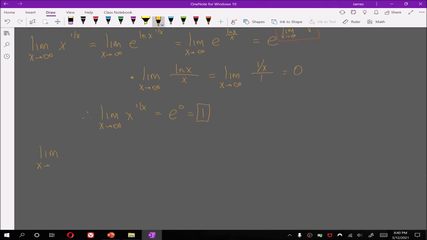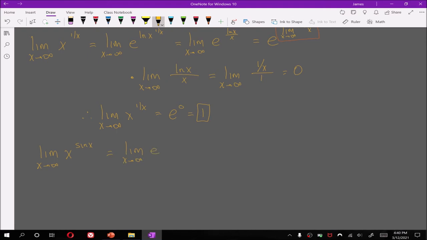And finally, let's take a look. Limit as x approaches infinity of x to the sine of x. Now again, this is going to give us an undefined limit altogether, first of all. All right, but let's take a look at doing this.